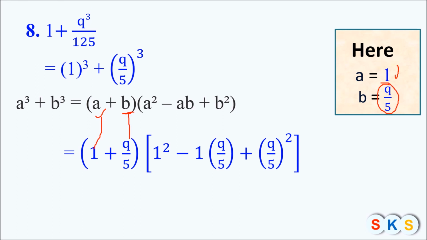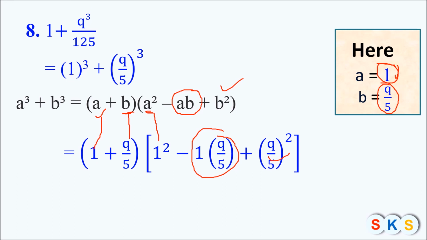In the second bracket the first term is a square, right? And you can see the value of a in the box is 1. That's why at the place of a square I have written 1 square. Second term is ab. ab means a into b. You can see in the box a is 1 and b is q upon 5. So it is 1 into q upon 5. And the last term is b square. At the place of b, we can write here q upon 5 the whole square.